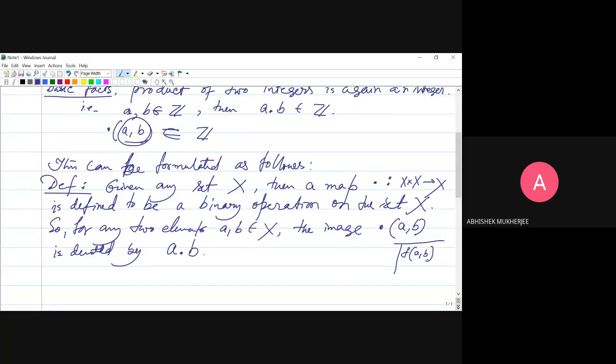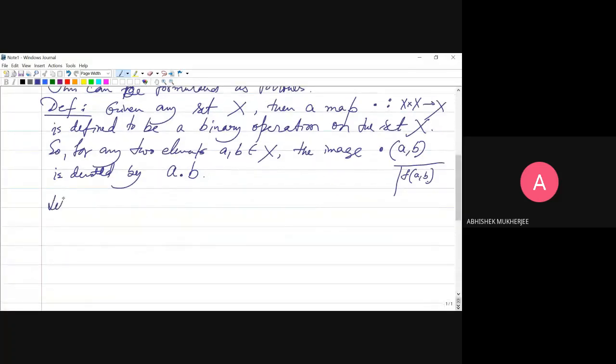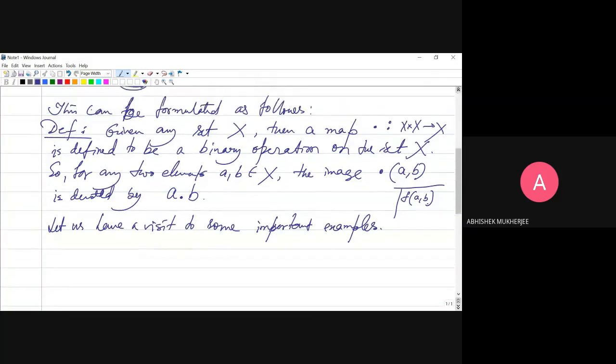Fine. So let us have a look at some important examples. The first one has already been cited at the beginning.